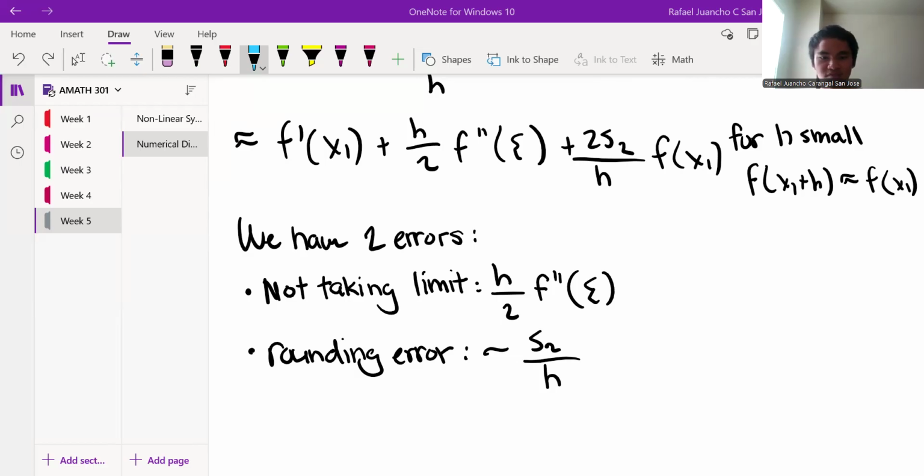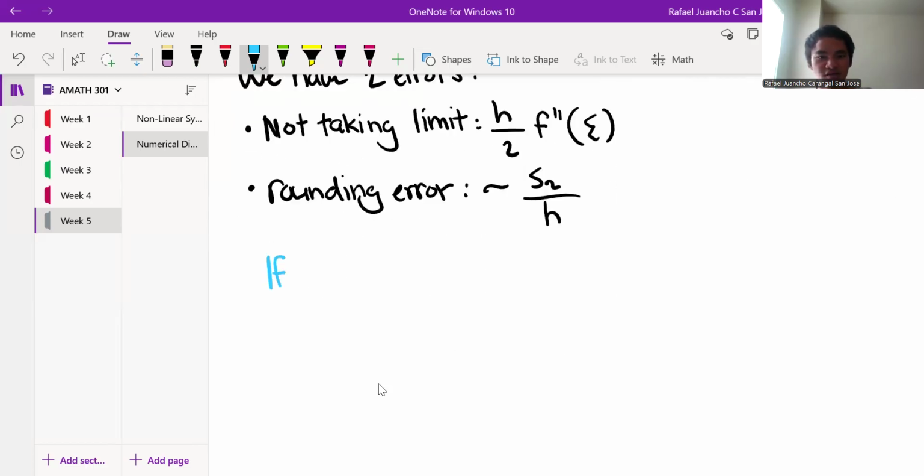Okay, let me just do this. So here if we say my h is equal to 10 to the negative 8, then this thing dominates.